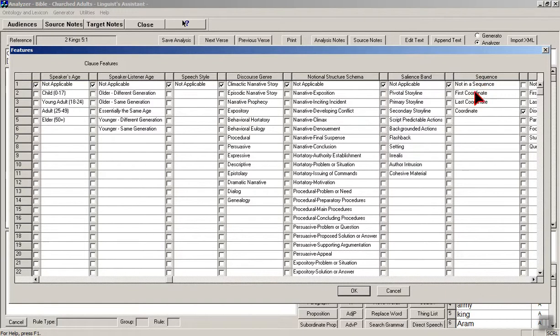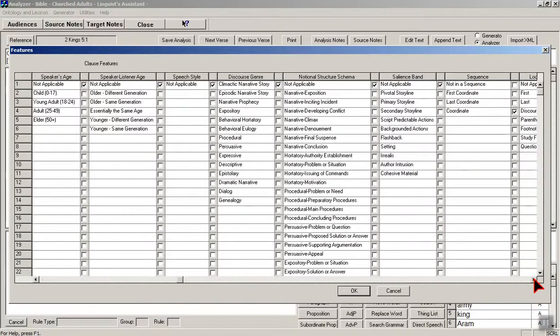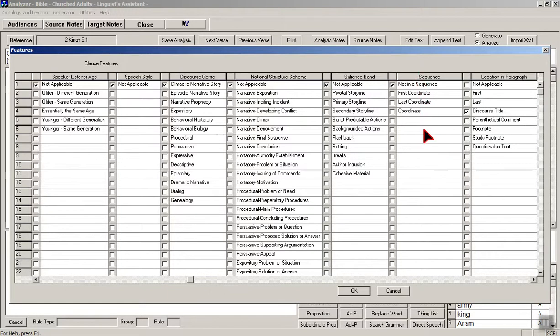Another thing we do use is sequence, although I'm not sure we need that for a main clause. This is useful for a subordinate clause. If you have a subordinate clause, you might say, John, who was a man and who lived in Ephesus.